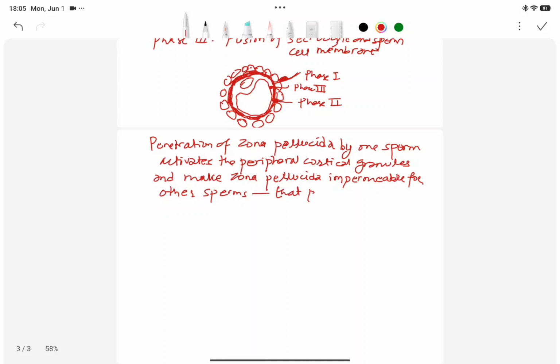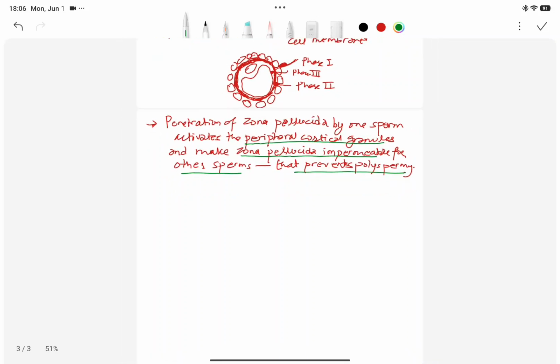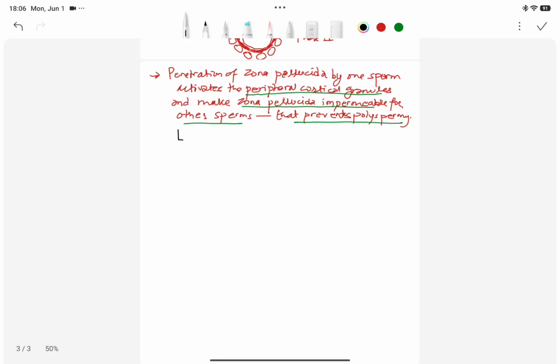That prevents polyspermy. This reaction is known as the cortical reaction or zona reaction.